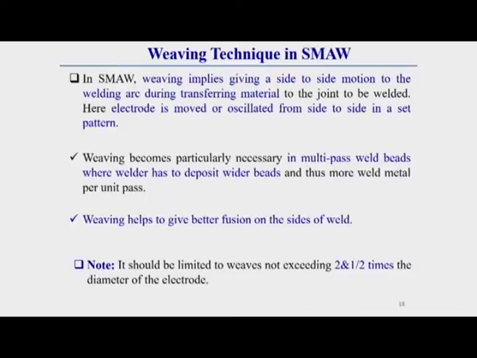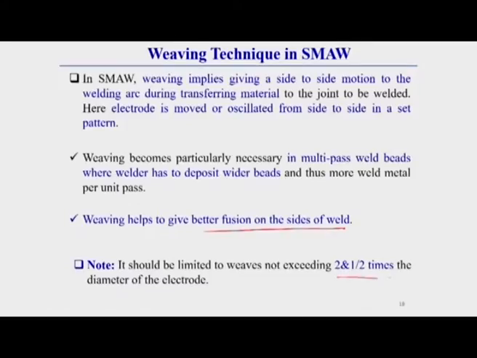Weaving helps to give better fusion on the side of the weld. It not only widens the weld bead, it also gives better fusion on the side of the weld bead. One thing you should keep in mind: the weaving width should not exceed 2.5 times the electrode diameter. Keep that in mind.